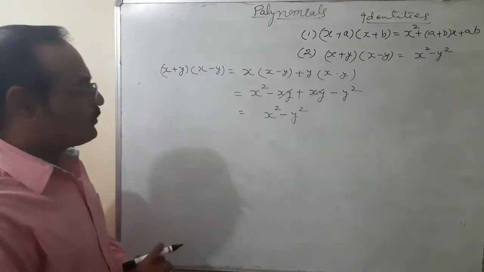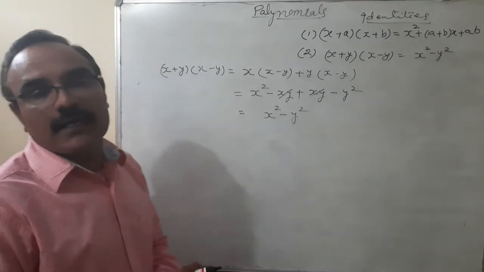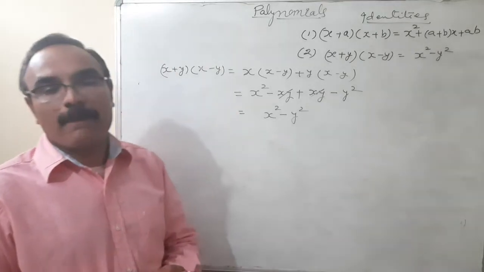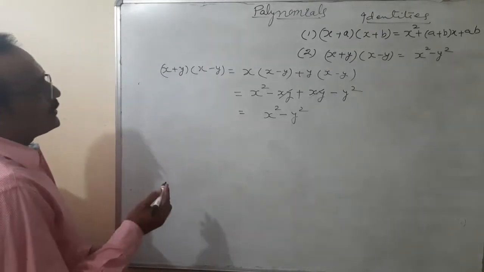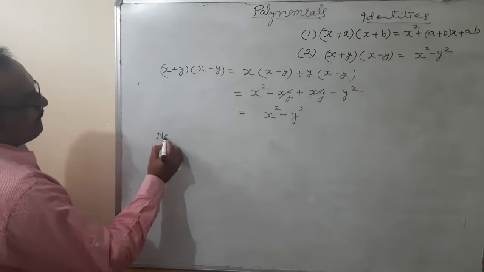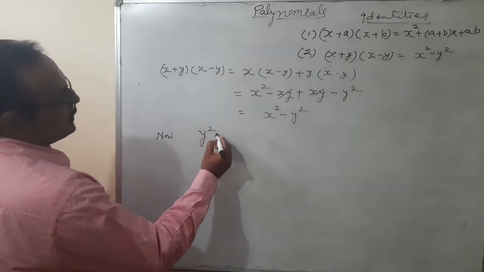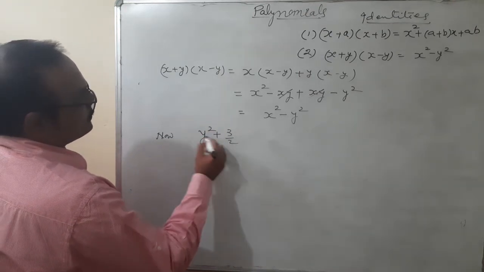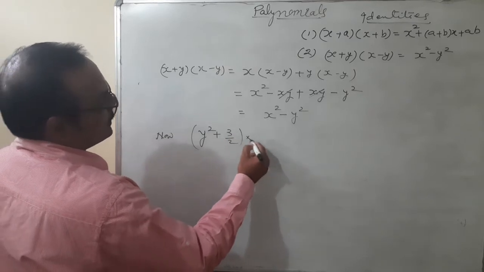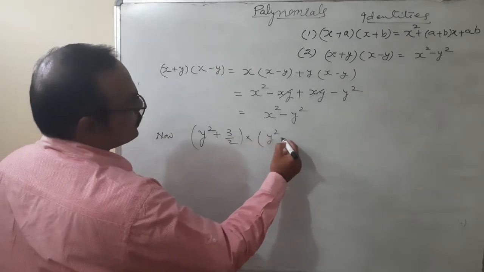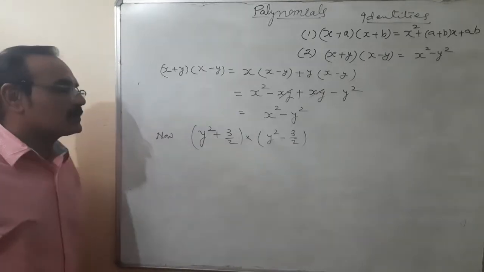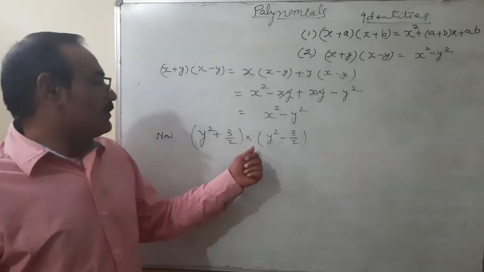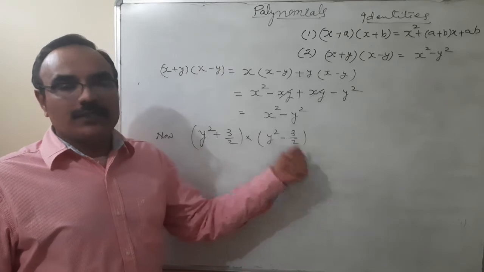One example I am taking. Suppose the question is y square plus 3 by 2, multiplied by y square minus 3 by 2.